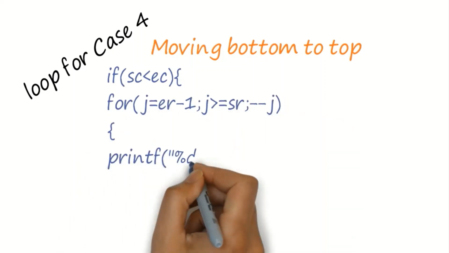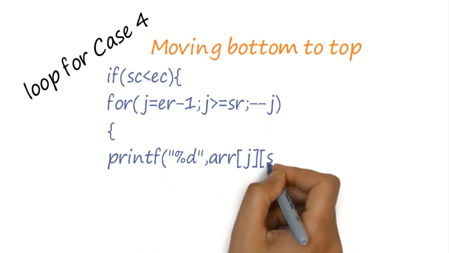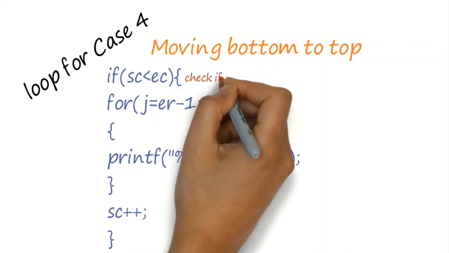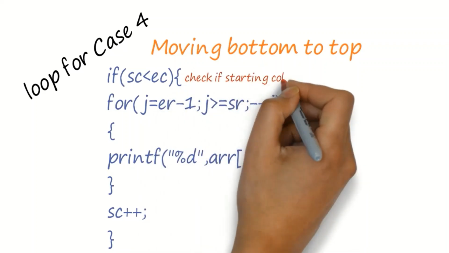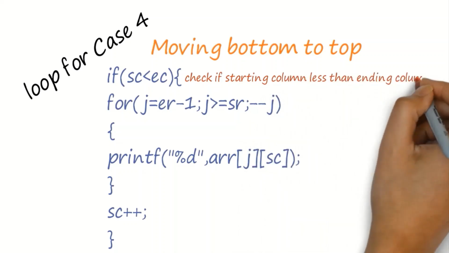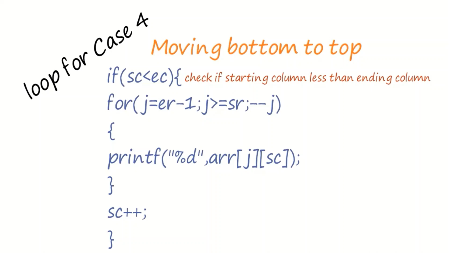Since we are proceeding from bottom to top, so the row is changing, the column is fixed, and the dimension of the row will be ER minus 1, because in the third case we have already printed the first element of the last row. And here after completion of the loop we have to proceed for the next column which is situated at the internal part of the matrix, that's why SC++.